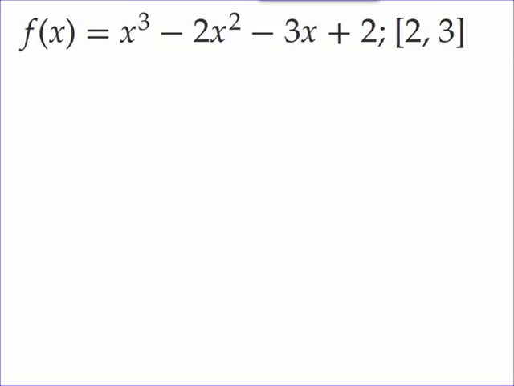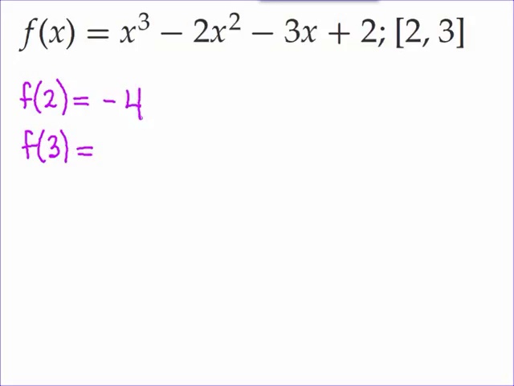It's not any more difficult, it's just that I decided to add a third example. This is a little longer, so we're going to find f of 2 and f of 3. F of 2. What does that come out to be? Negative 4. Good.